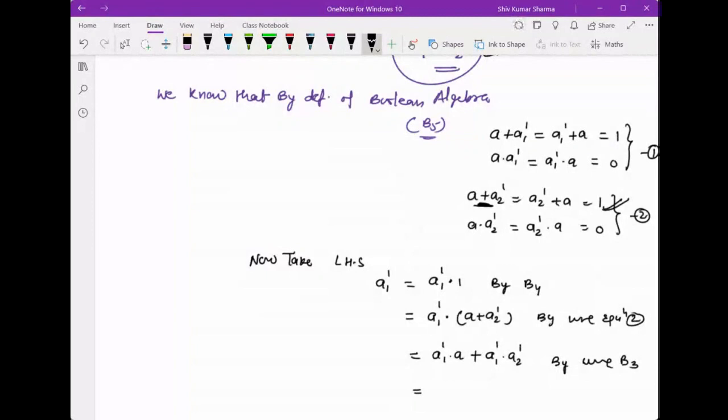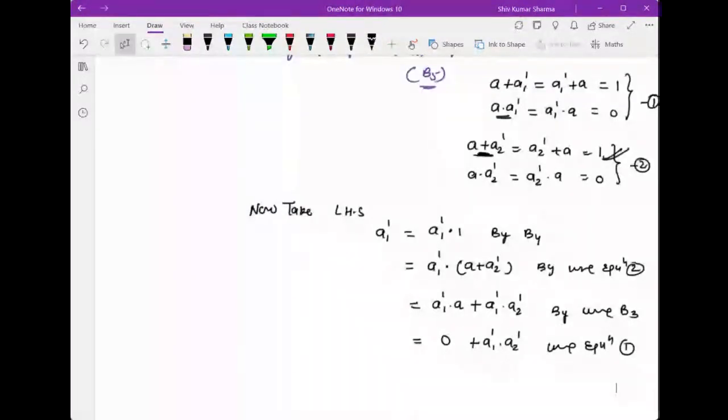Now A1 complement into A. अब A1 complement into A ये कहाँ से लिखेंगे हम? यहाँ से इक्वेशन नंबर 1 से 0. So this equals 0. So 0 plus A1 complement into A2 complement, using equation number 1: A1 complement into A equals 0.